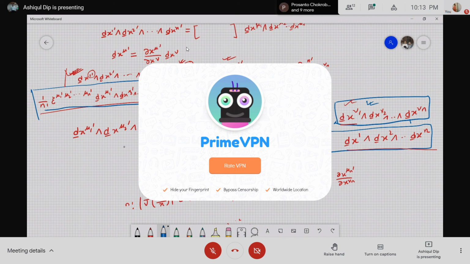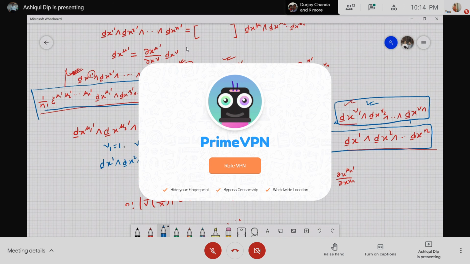Okay. So basically, you can have a specific index structure, like dx1 with dx2 with dx3 up to dxn, for the case when nu1 has the value 1, nu2 has the value 2, and so on, right? Yeah. So that's one case.